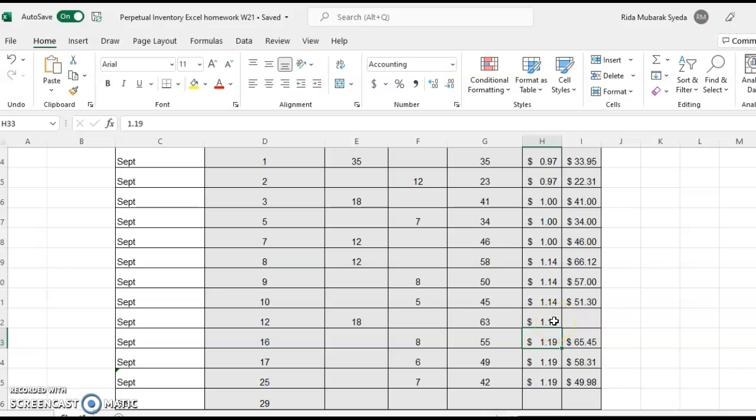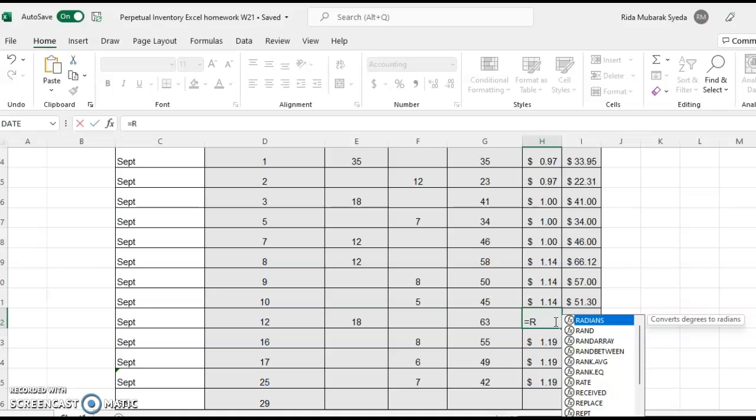Alright, and then let's do the cell reference again, times this, and we get 7445 as our answer. But that's not what we got on paper. So let's use the round up formula again.